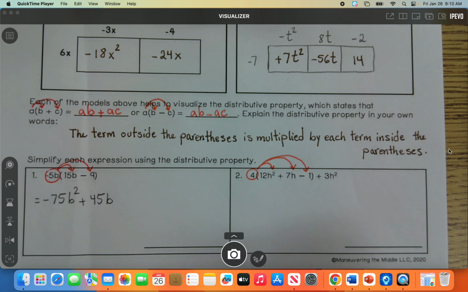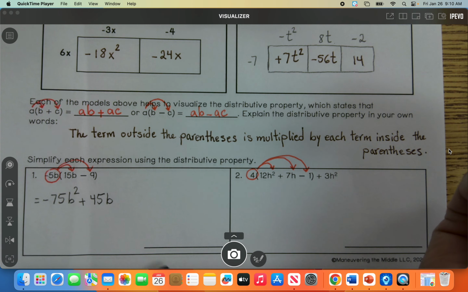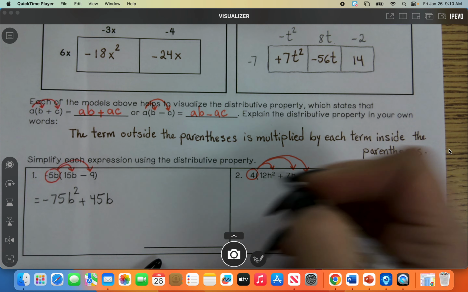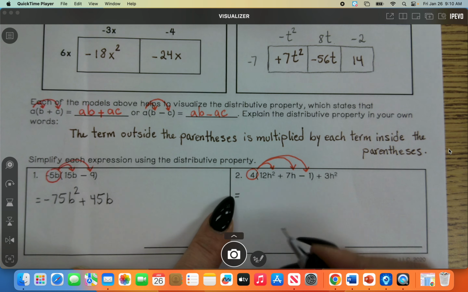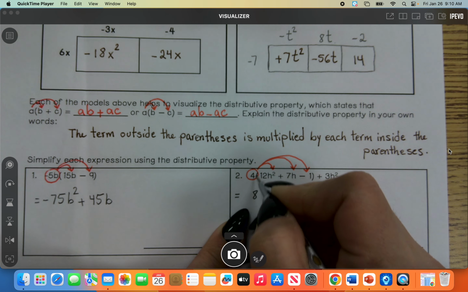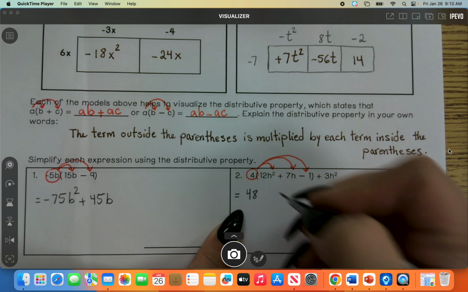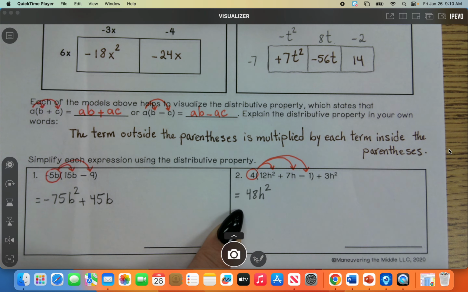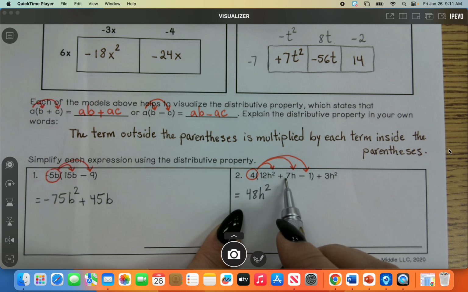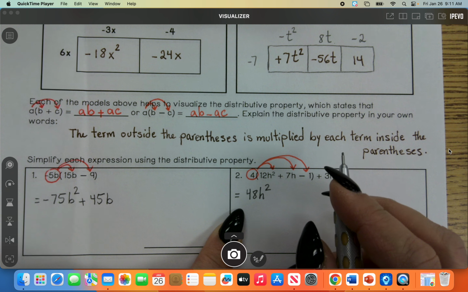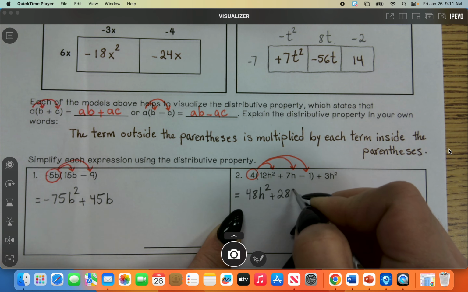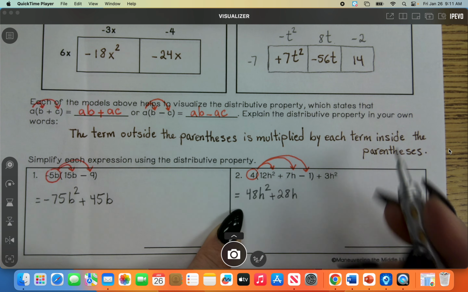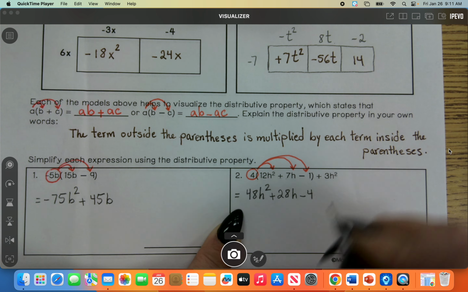Okay, let's do that. 4 times 12 is, I'm sorry, let's just write it down. 4 times 12 is 48. So 48h squared. 4 times 7h. 4 times 7 is 28h. 4 times -1 is -4.